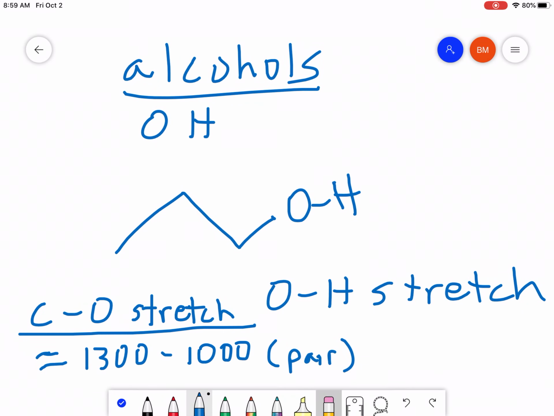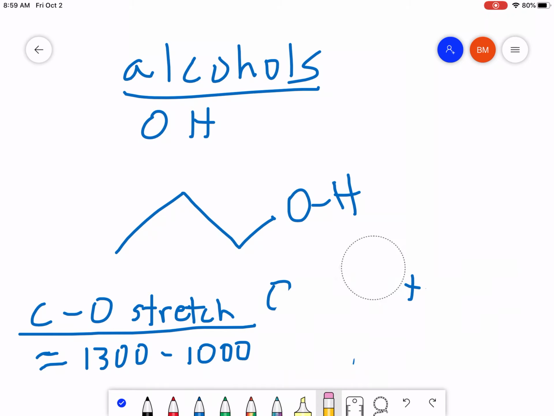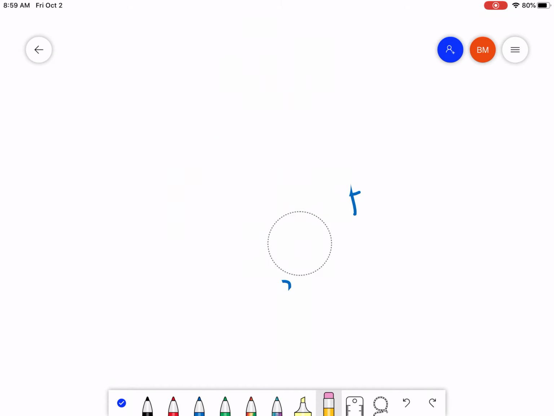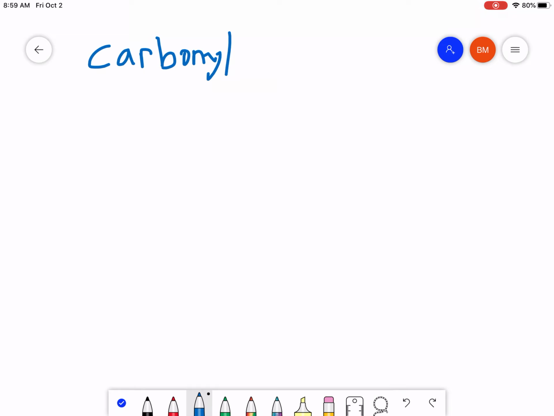All right. So now we're about to get into a series of compounds that are all kind of related to each other. These are called the carbonyl compounds. Carbonyl compounds all have a carbonyl group, which is C double bond O. And depending what else is attached to that carbon, you're going to have different classifications.